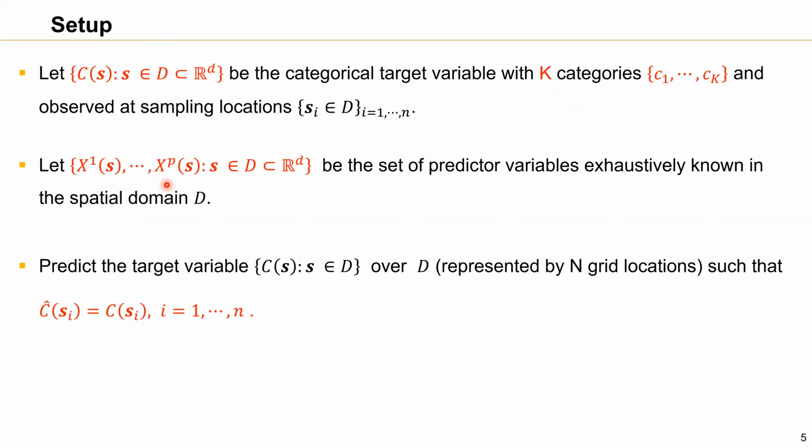In addition, we assume that we have a set of P predictor variables that are exhaustively known over the spatial domain D. And the goal here is to try to predict the target variable C over the domain of interest D, here represented by N grid locations, such that the predicted categories at the sampling locations exactly match the observed categories at sampling locations.